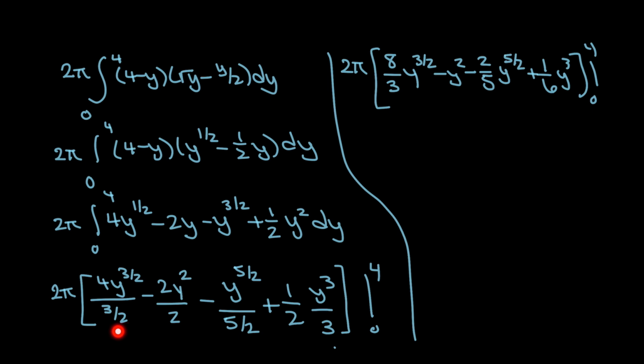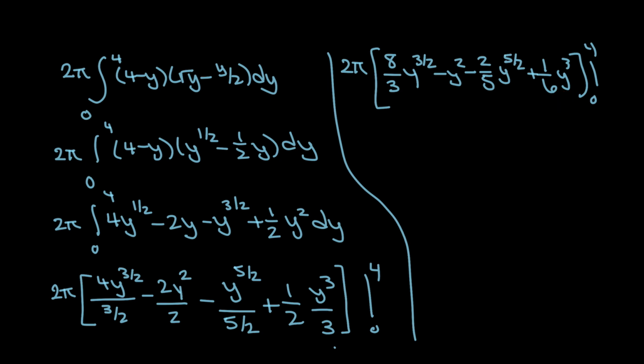And then I've got 4 times 2/3, that's 8/3, y to the 3/2. Next term, the 2's cancel out, so just minus y squared. Next term, dividing by 5/2 is the same as multiplying by 2/5, so minus 2/5 y to the 5/2. Last term, we can take the 1/2 times the 1/3, that gives us a 6th y to the 3rd.